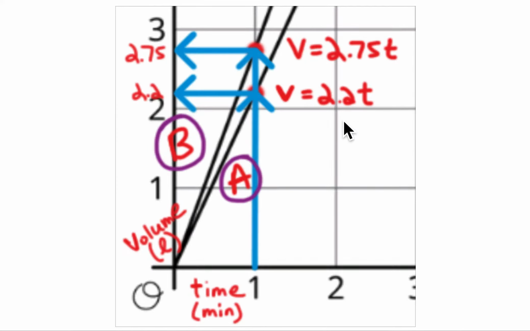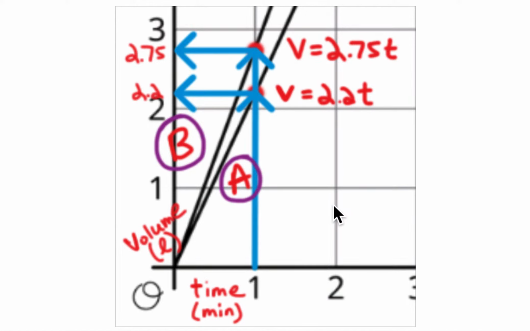And so what is that unit? In this case, what's the easiest unit to work with? It's 1 minute. So tank A fills 2 2/10 liters in 1 minute. So 2 minutes is going to fill 4 4/10.